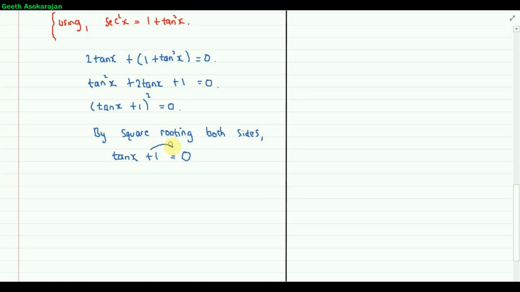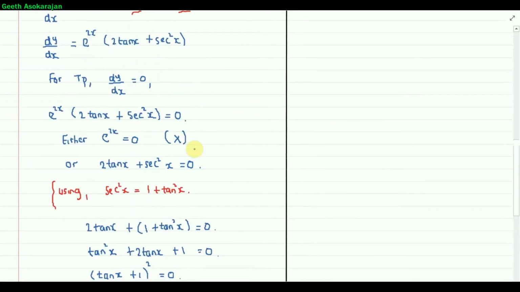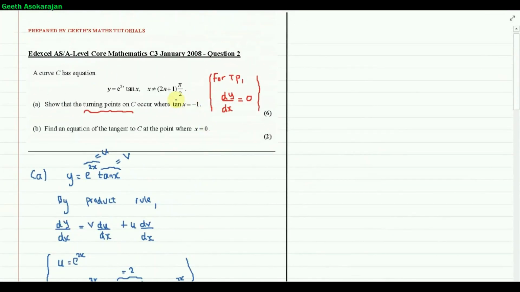And lastly, taking the plus 1 to the right, we're going to end up with tan x equals -1. So that is exactly what is required as far as part A is concerned.